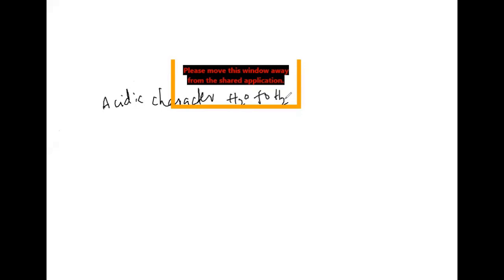Okay, now come to this particular one. Again, H2O, H2S, H2Se, and H2Te. Here I'll give brief points. The acidic character increases from H2O to H2Te, that is, water to hydrogen telluride. Here we can see an increase in acidic character because of less bond dissociation enthalpy.